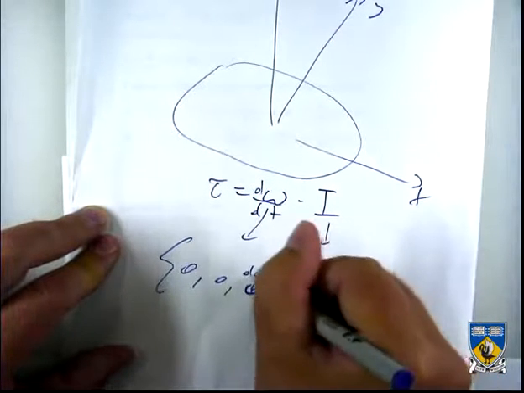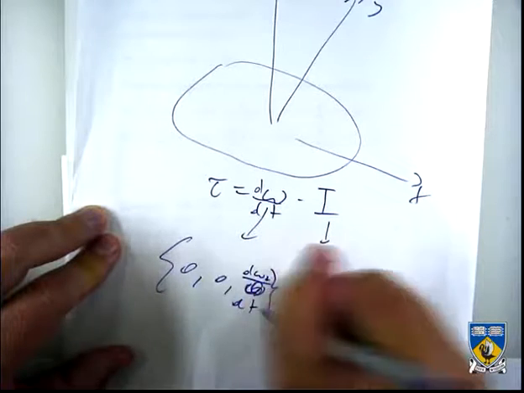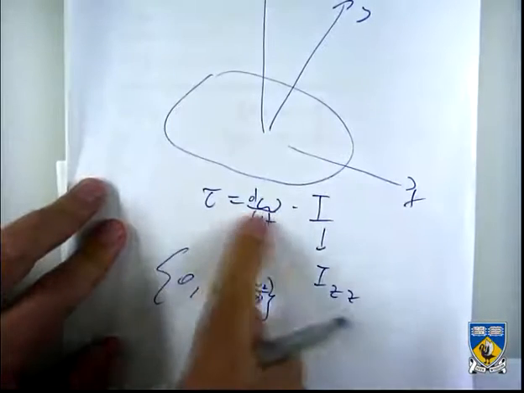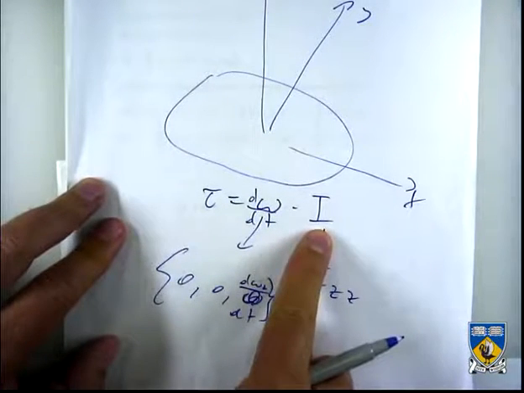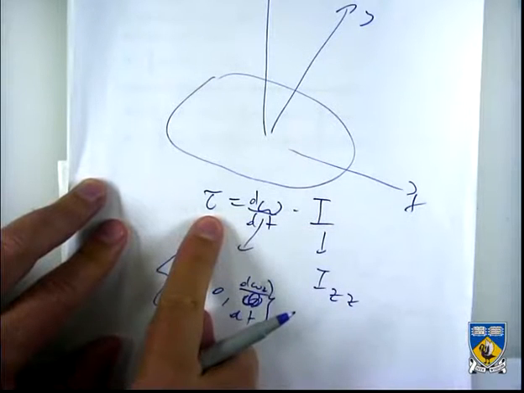Say d omega z over dt, right? Angular acceleration times a moment of inertia gives torque.